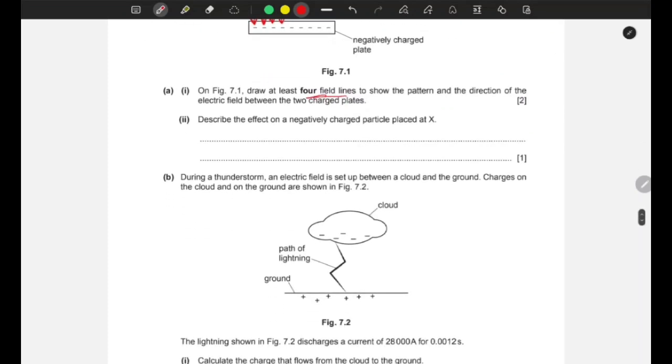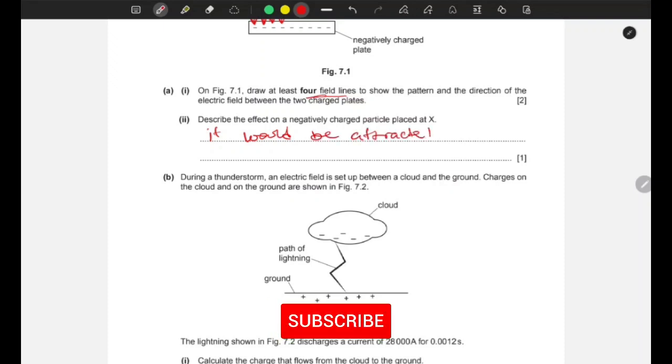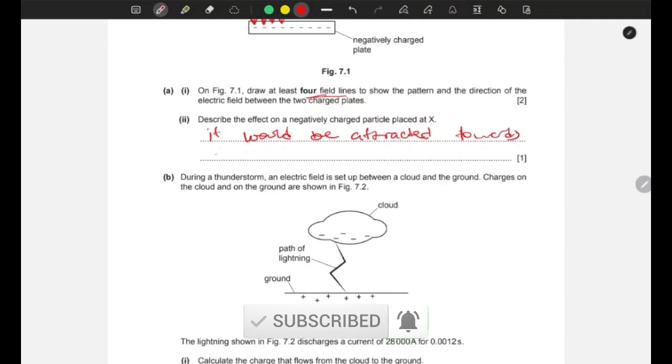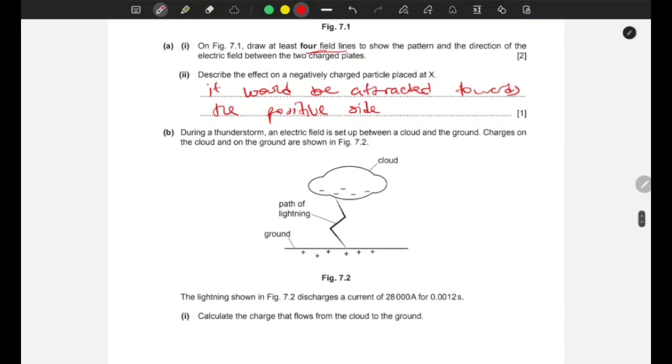Describe the effect of a negatively charged particle placed at X. Okay, so it would be attracted towards the positive side, or towards the top. Towards the positive side. So it would go up.